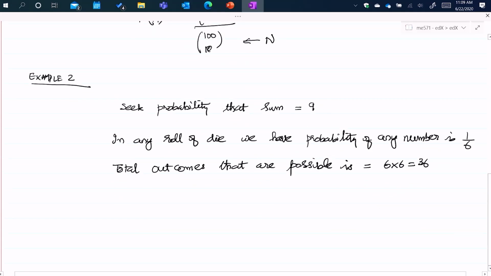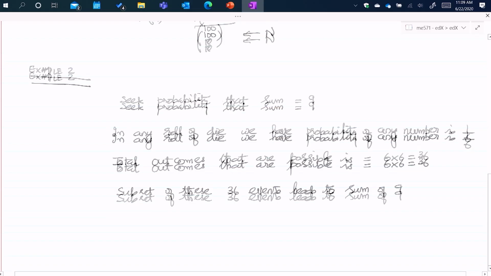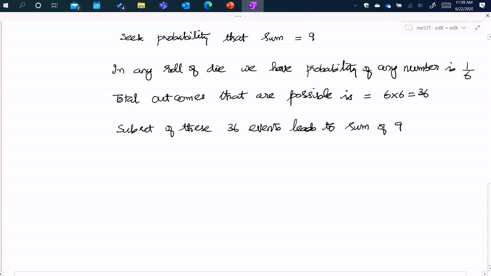We have to enumerate the subset of these 36 events that lead to a sum of 9.